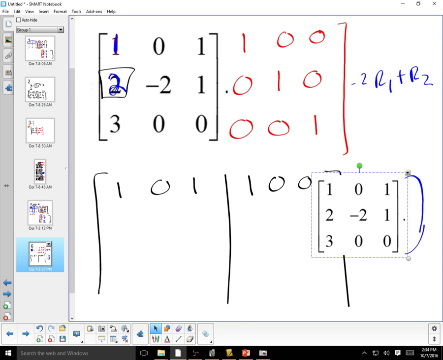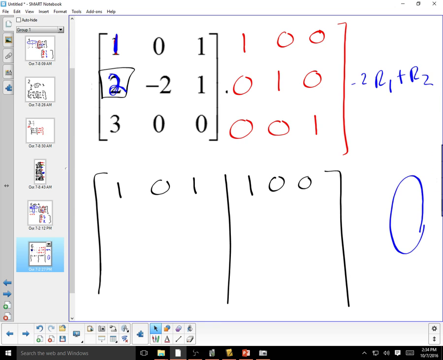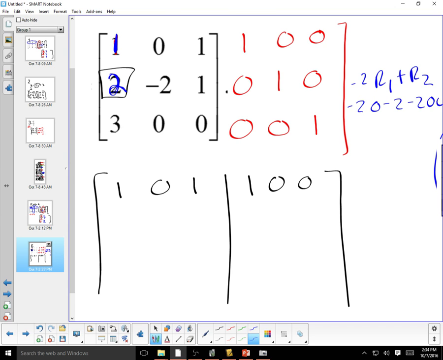So let me delete that. Here we go. Let's take row 1 and multiply by negative 2. That's going to give me a negative 2, 0, negative 2, negative 2, 0, 0. Correct? Okay, so I'm going to add those now to the second row, which is what I said I would do.